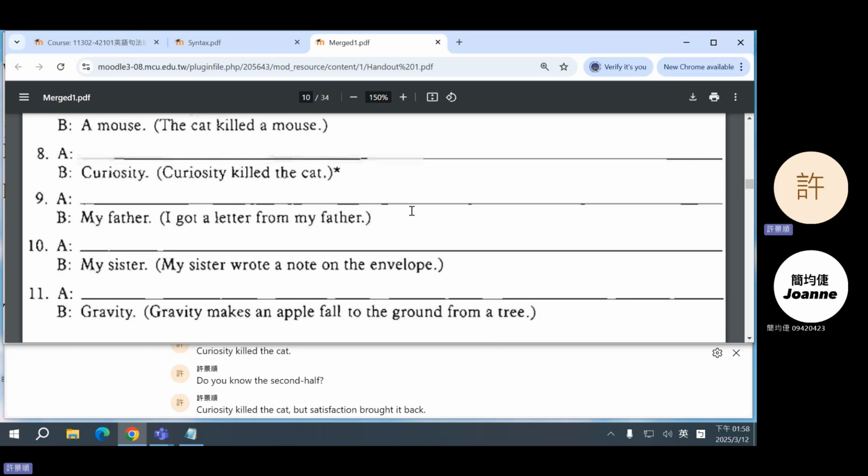Number 9. Okay, so it's "who", and then did, do, or will.